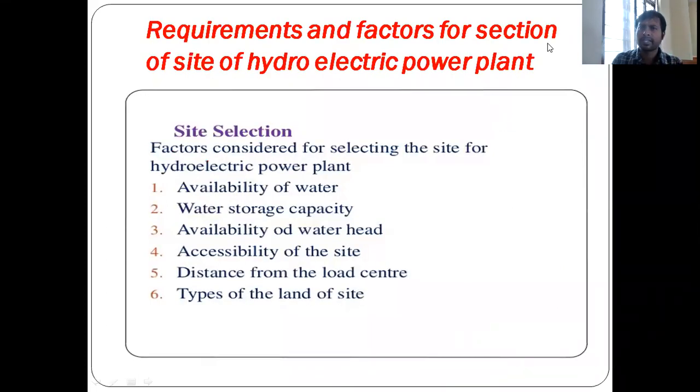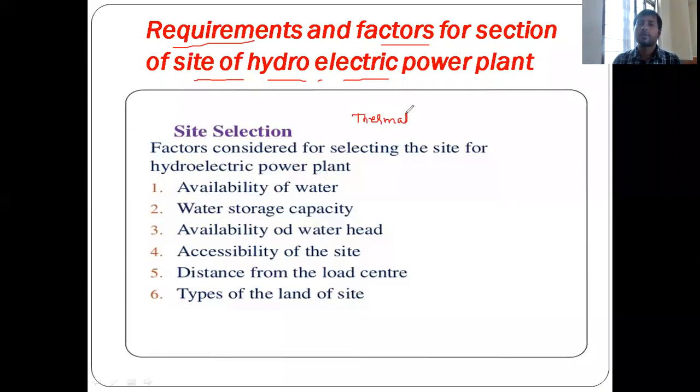The next topic is: what are the requirements to construct or build a hydroelectric power plant? These are the factors for selection of the site for a hydroelectric power plant. This is common with the thermal power plant.